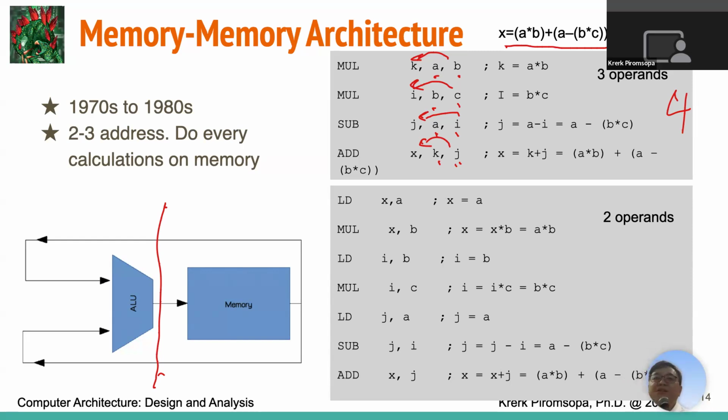As we move along, different kinds of architectures give you different numbers of instructions. You write the same piece of code, maybe in Python, maybe in Java, maybe in C. You translate it to the instruction set architecture, and you get a different number of instructions.